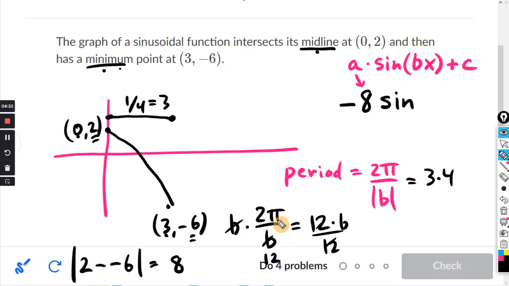And we have 2 over 12 pi, which is just pi over 6. So the value for b is just pi over 6, and that's times x. And finally, for the midline, which is the value for c, the midline is at (0, 2). So that's just going to be a plus 2. So that is your final answer.